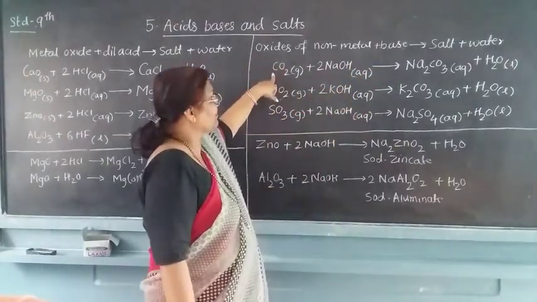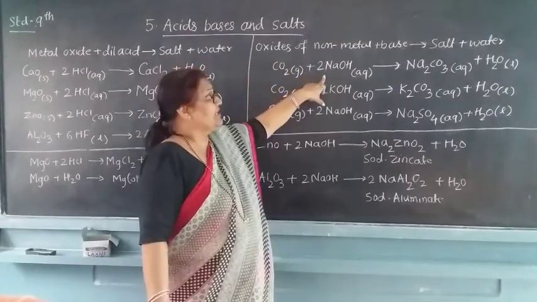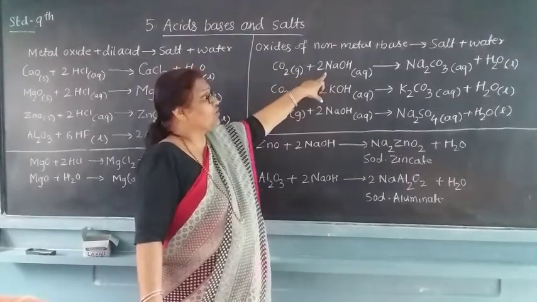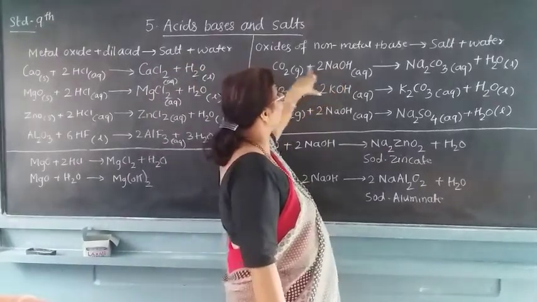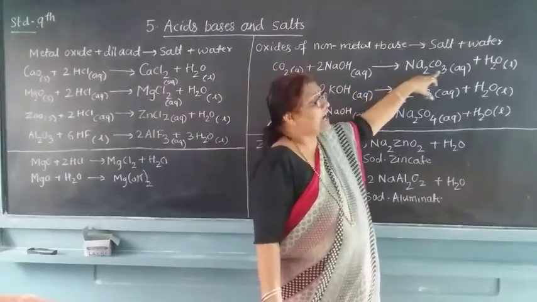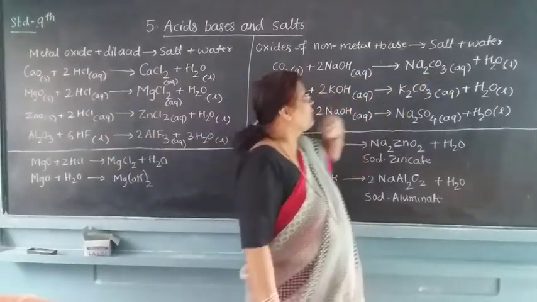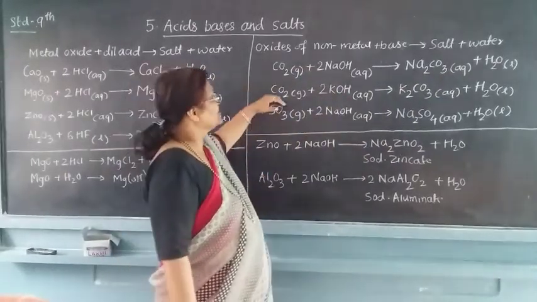That is, when carbon dioxide reacts with NaOH, which is sodium hydroxide, we get sodium carbonate plus water. Sodium carbonate is a salt.